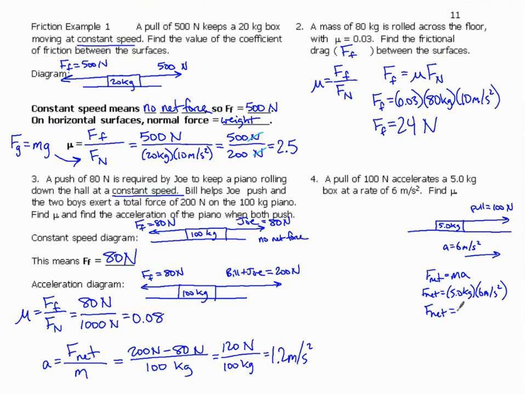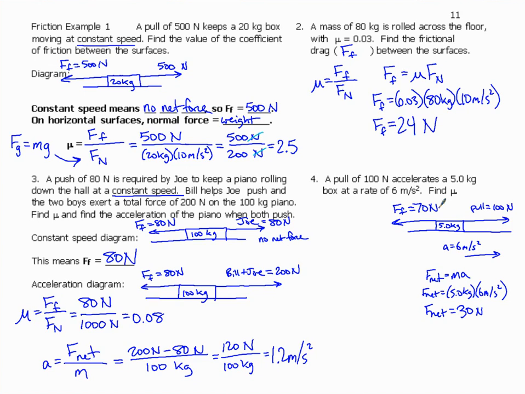And we see the net force is 30 newtons. Our pull is 100 newtons, and 30 of that is accelerating this object, which means the force of friction is 70 newtons.